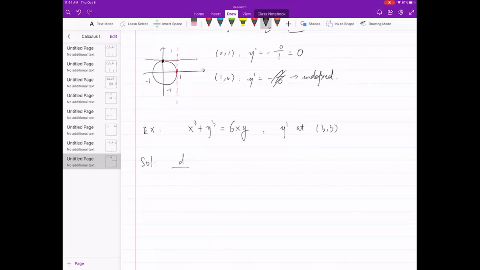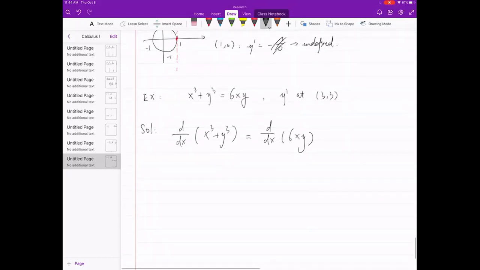Instead, derivative on both sides. X cubed, 3x squared. Y cubed, 3y squared. But for x it's okay, for y, you times y prime by the chain rule.